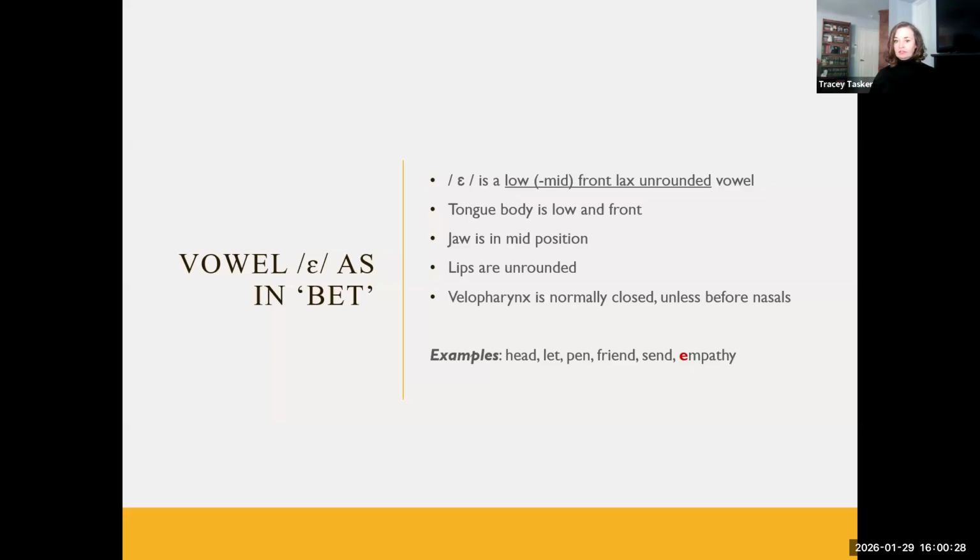Your lips are definitely not rounded, and as with all the vowels we're talking about here, your velopharynx is closed unless you have a nasal consonant adjacent to it. Some of the words would be head, let, pen, friend, send, and empathy. Pen and friend are going to be a little different because of the n sound next to them.